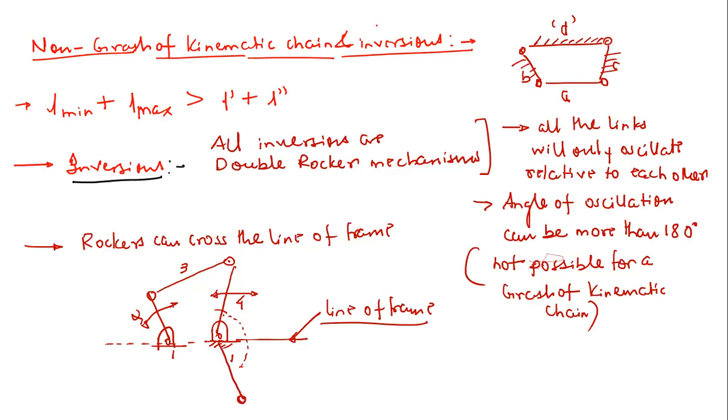So is it clear what is meant by this term, rockers can cross the line of frame? Simply, the angle of oscillation is more than 180 degrees. That means rockers can cross the fixed link. So this is not possible in a Grashof kinematic chain. There you will find the rockers always oscillate either below or above this fixed link, but they are not going to cross the line of frame, right?